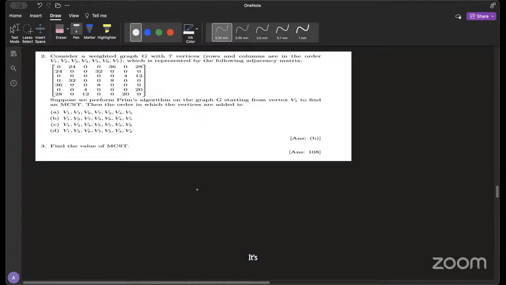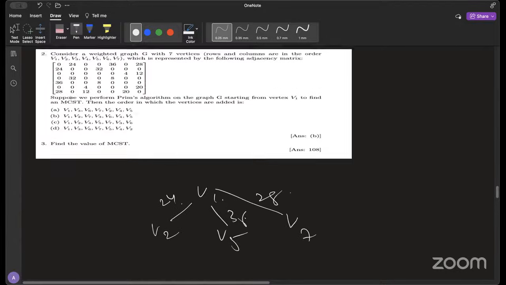So let's first draw the graph of this. From V1 you have, and then from V2 you have, this one's already done. V2, V4 you have 32.